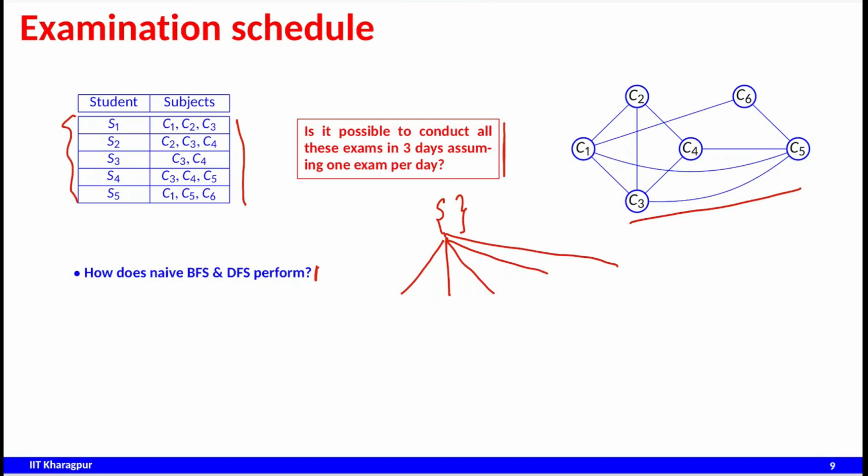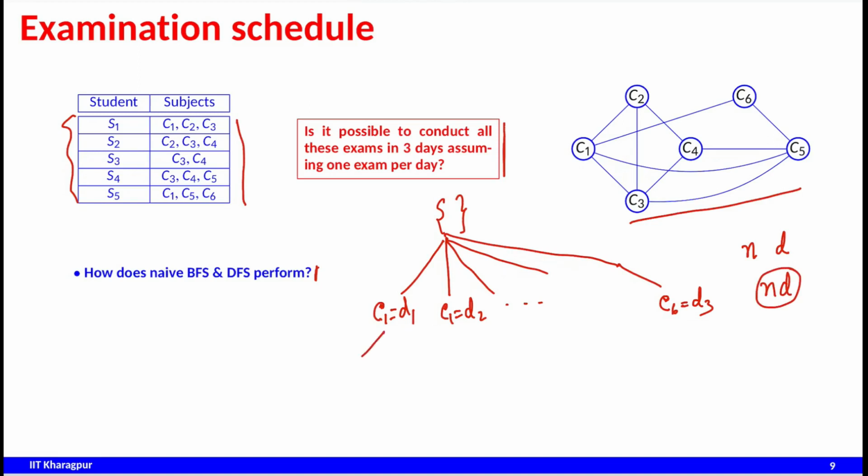We can assign C1 on D1, we assign C1 on D2, and so on. Similarly, C6 on D3. So the number of choices that we have here is, if I have n exams and d days, then effectively I have nd choices.